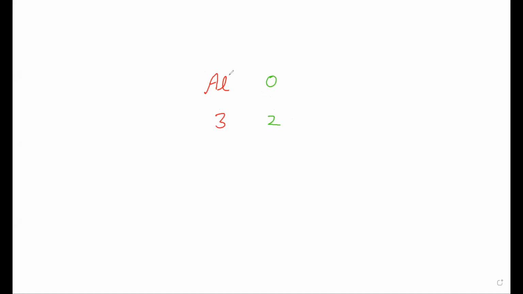Step 1 is clear: I wrote the symbols for aluminium and oxygen with their respective charges. Now cross multiply. So this will be Al2 and O3. So this is aluminium oxide, Al2O3.